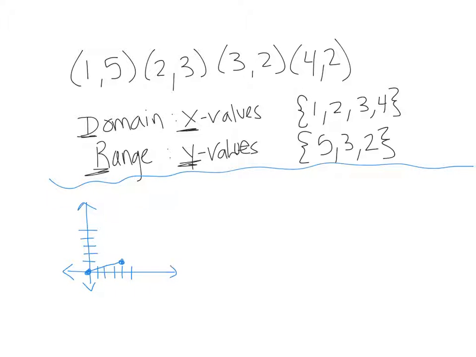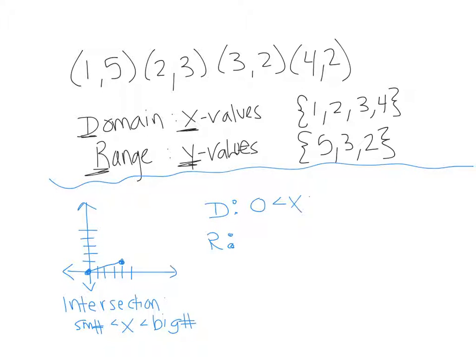You may also have to list domain and range of a graph. So when you look at the graph, notice that this is an intersection, which we called an AND statement. So I know it's going to look like small number less than x less than big number, from chapter 2. The smallest of the x values is 0, and the largest of the x values is a 4.